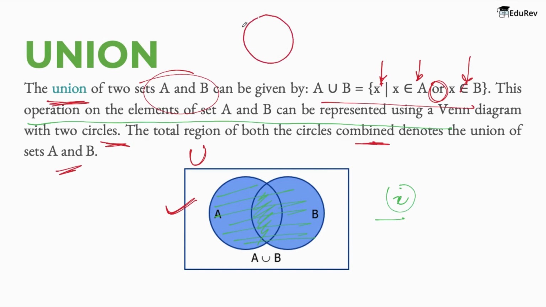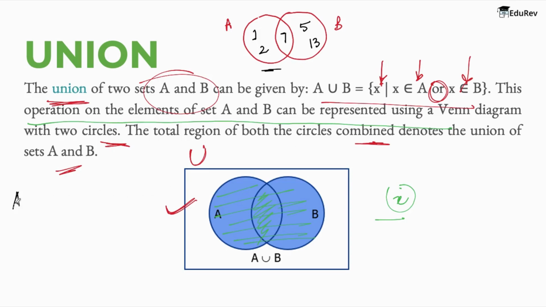Let's suppose I have this set A and this set B, and let me write the elements which are present in A and B. So let's suppose that A has 1 and 2, B has 5, and both of them have 7 in common, and here let's say we have 13. So I know I have a set A in which there are 3 elements 1, 2 and 7, and set B in which there are 3 elements 5, 7 and 13, and 7 is common to both A and B.